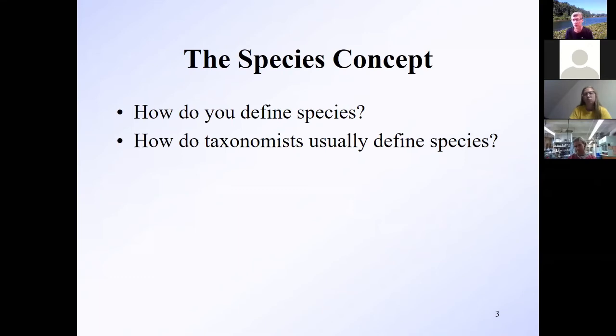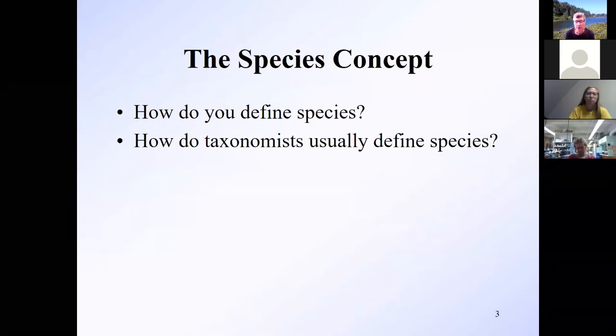We go to a manual and look up their feather color, their shape, their size, those kinds of things, and use those to define the species. The taxonomists obviously get more into that because they try to find characteristics that are actually related to phylogeny as well, and try to organize things that way.